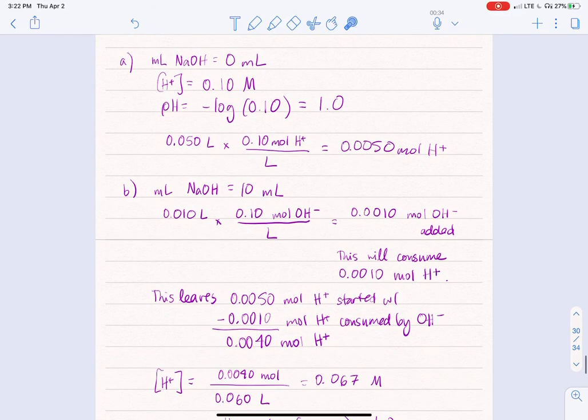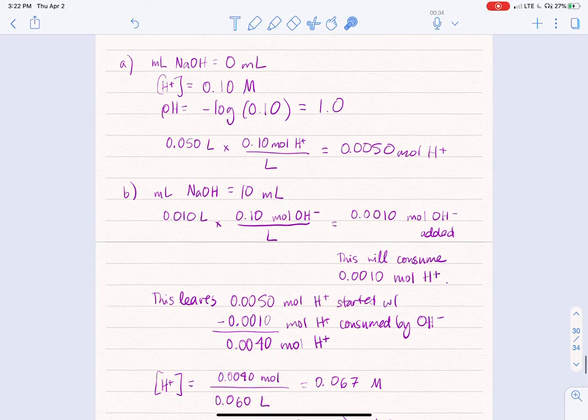So if I subtract that from the original number of moles of protons that I started with, which was 0.005, I can see that I'm left with 0.004 moles of protons at this point in the titration.